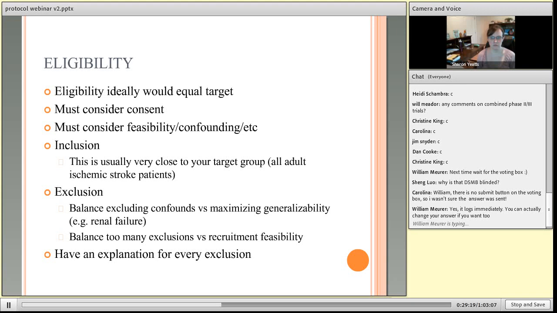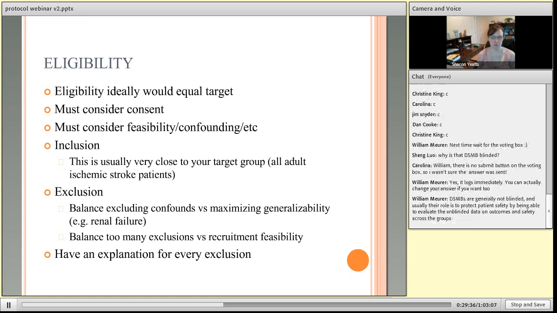What we know is that that rarely happens. The first thing for most of us, almost all of us, and especially you guys because you're doing comparative trials, is that there's this component of consent. So already, if we have a target population and 10% of them say they don't want to participate, then we've lost that population from our target.